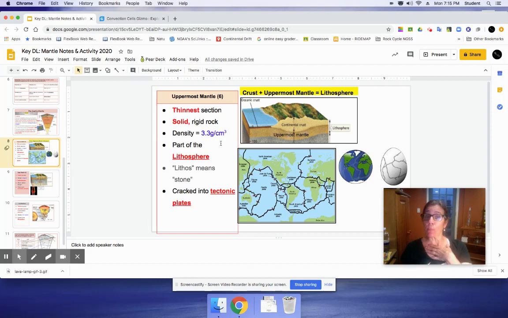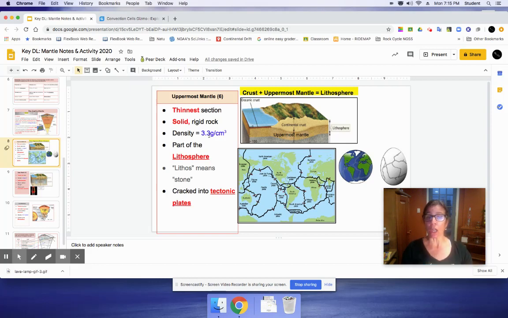The uppermost mantle has a density slightly more dense than the ocean crust. It's 3.3 grams per cubic centimeter. Now, earlier I told you the average density of the entire mantle, that would be the uppermost mantle, the upper mantle, and the lower mantle together. If you average out the densities, it comes out to about 4.5 grams per cubic centimeter.